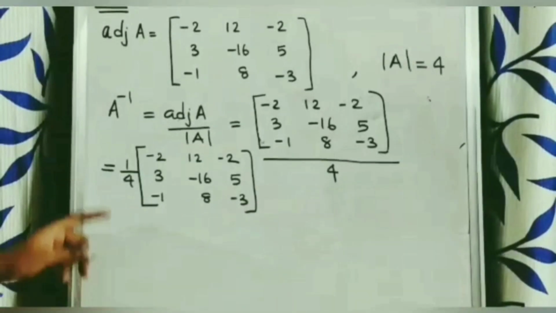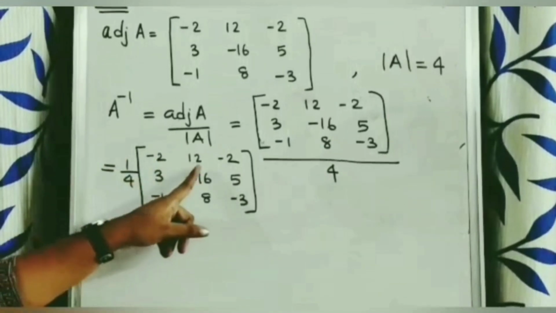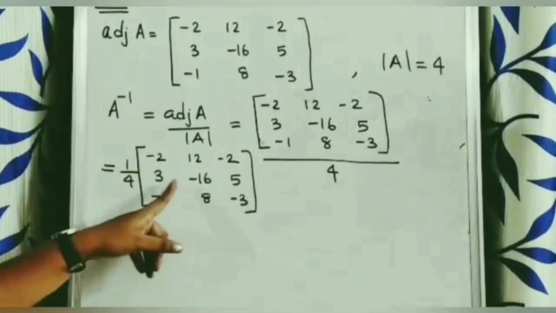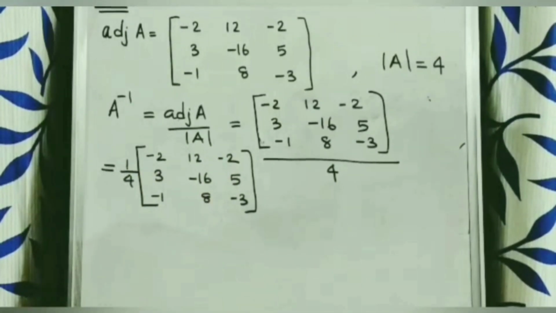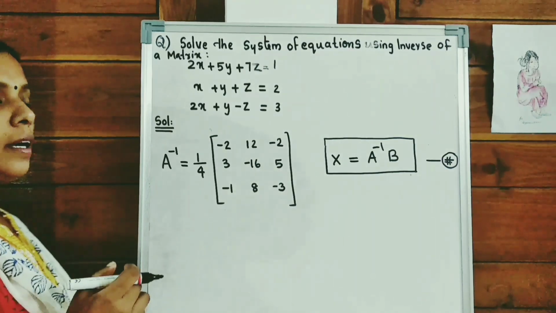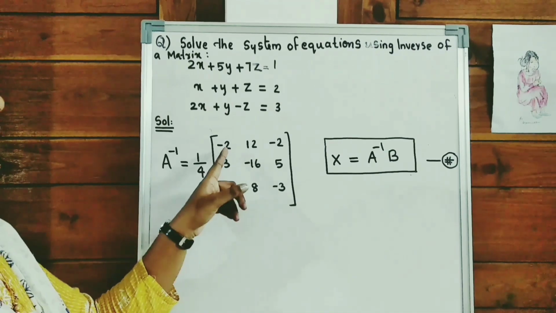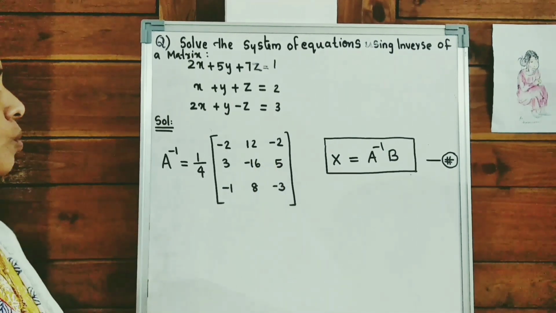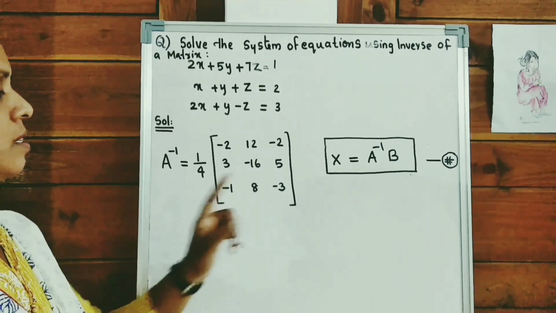That is equal to 1 by 4 into matrix negative 2, 12, negative 2, 3, negative 16, 5, negative 1, 8, negative 3. Clear?